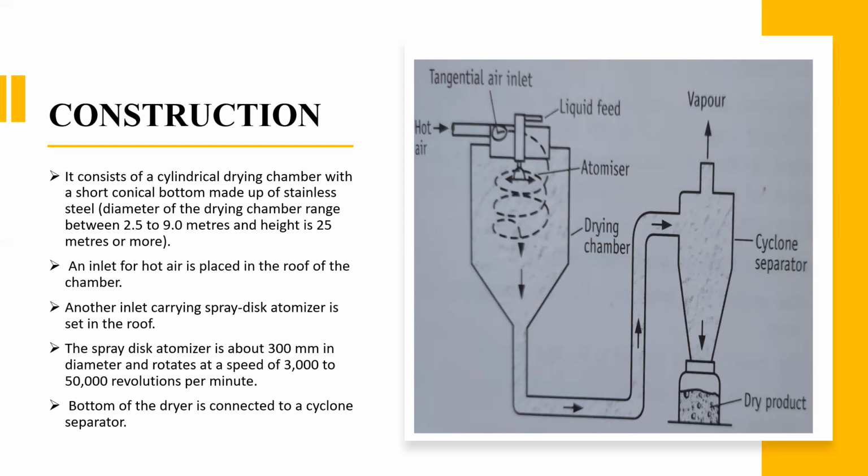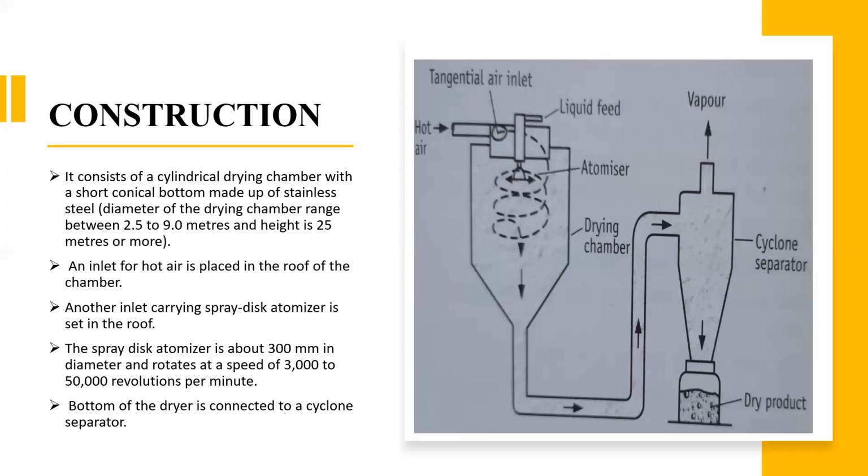So त्याच्यासाठी कुठला atomizer यूज करायचा आहे, जर आपल्याला कुठल्या प्रॉपर्टीचं ड्रॉपलेट पाहिजे त्याच्यासाठी कुठला atomizer यूज करायचा हे इम्पॉर्टंट आहे. The atomizers are used for the formation of fine droplets.